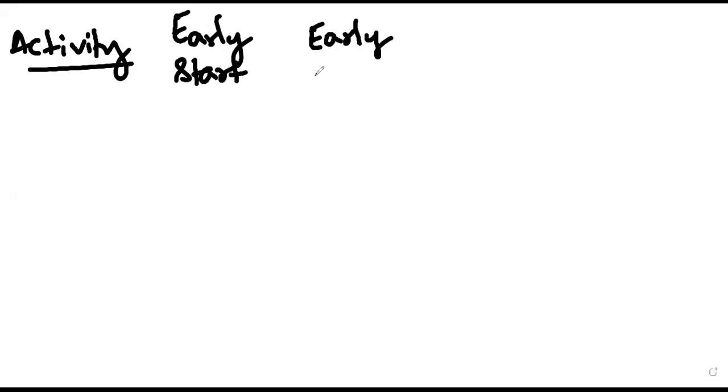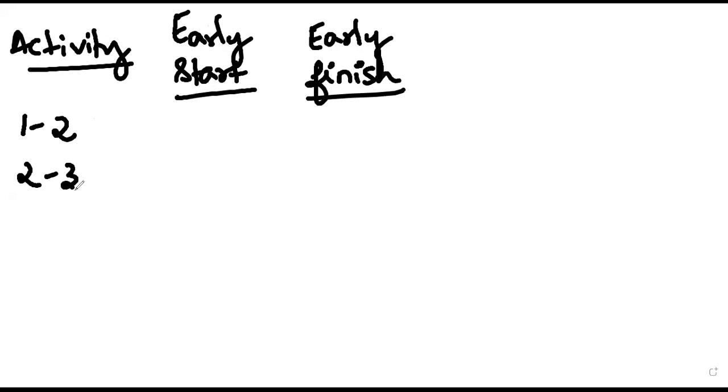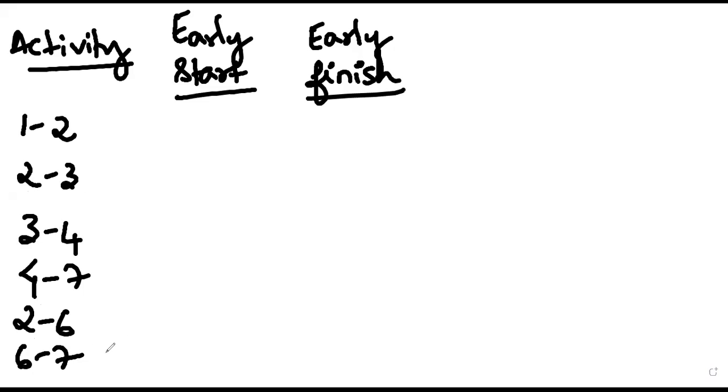Just tell me the list of activities. 1 to 2, 2 to 3, 3 to 4, 4 to 7, 2 to 6, 6 to 7, and 7 to 8. All right. Now the list of early starts.